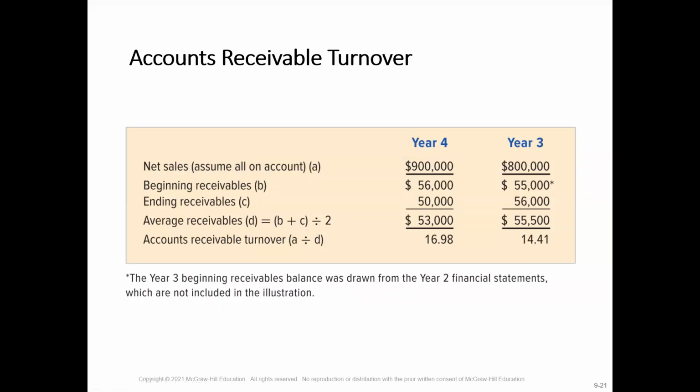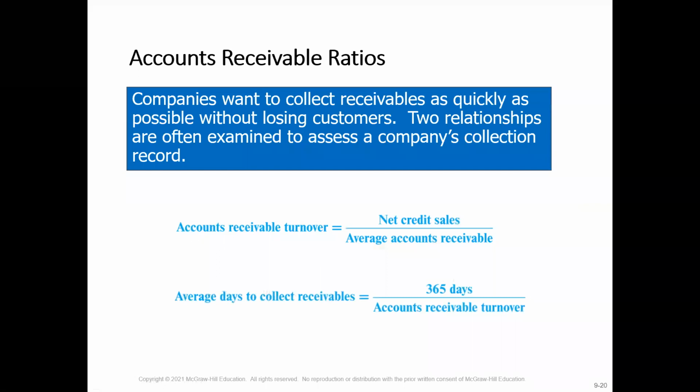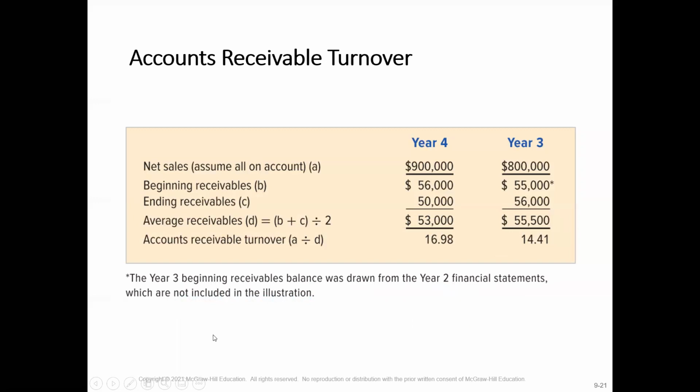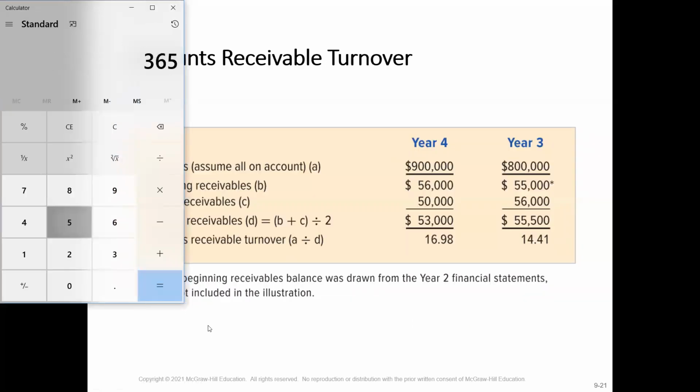So then the number of days to collect receivables. What we would do here is take 365 days, 366 in a leap year, divide by the accounts receivable turnover. The book did not do that. So for year 4, we would take 365 divided by 16.98, the result of 21.4, 21 days on average to receive a customer account receivable.